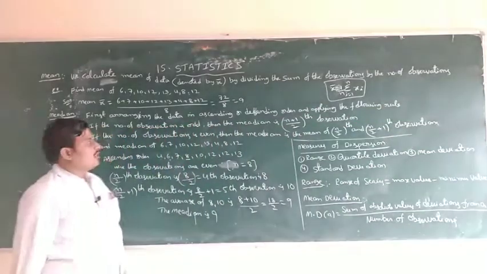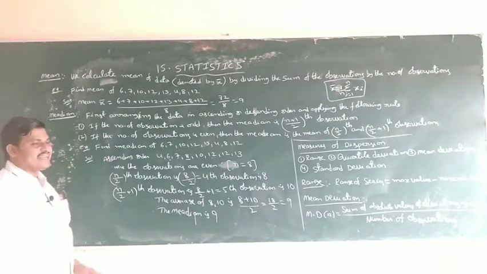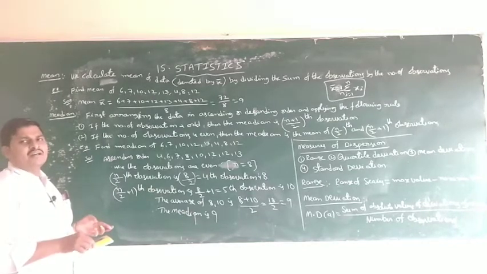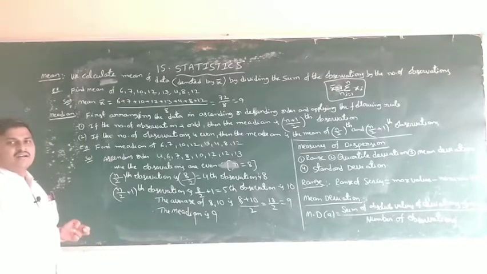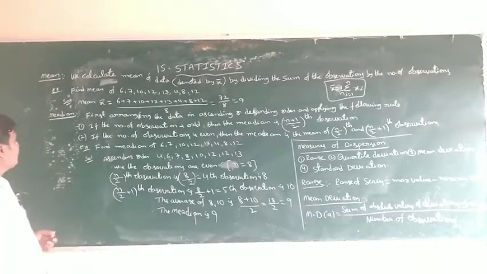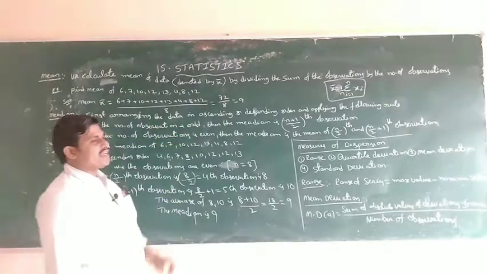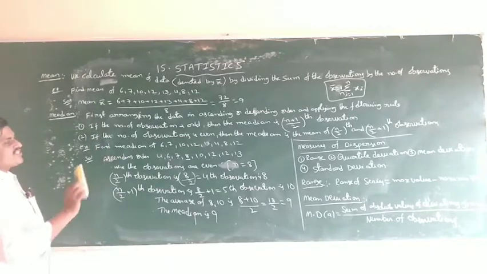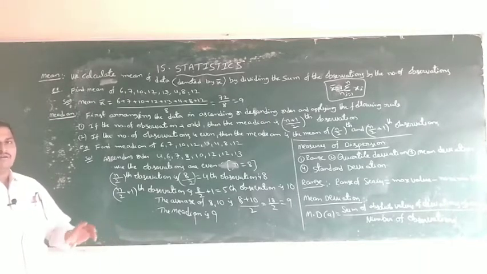The observations are given; first we have to arrange them in ascending or descending order. For the mean there is only a single case, but for the median there are 2 cases: whether the number of observations is even or odd.